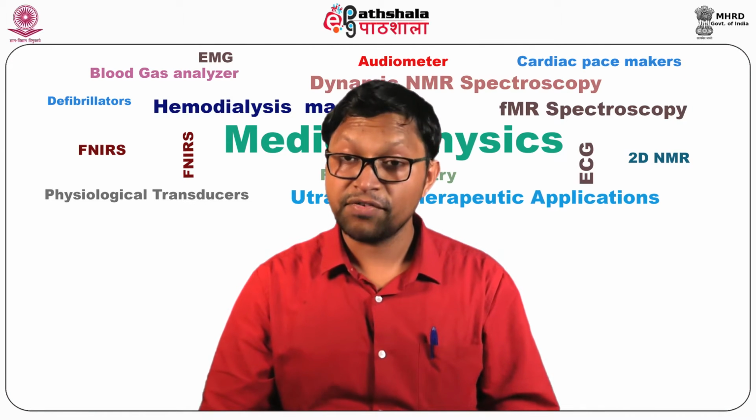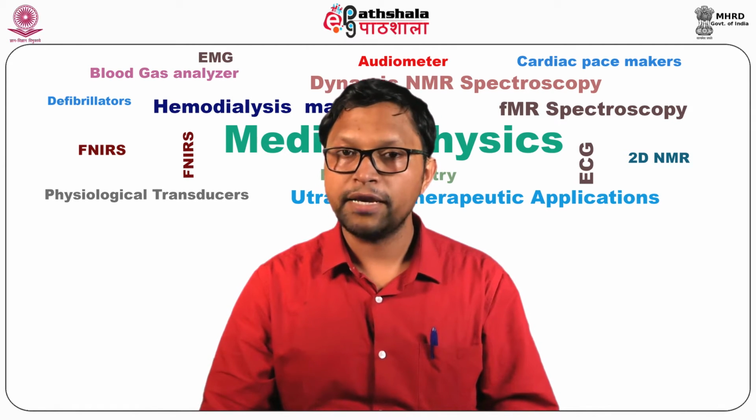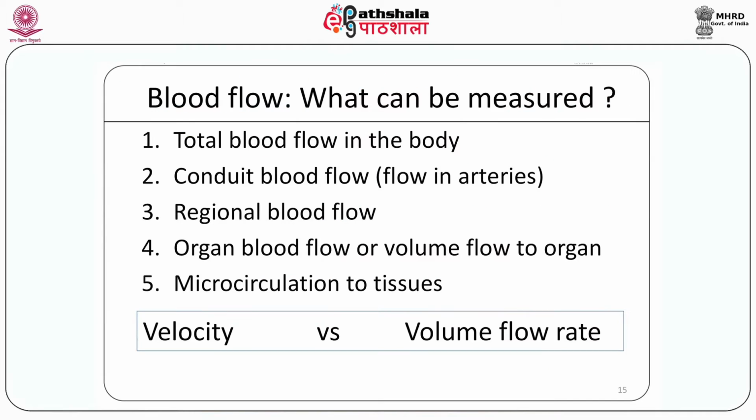There are several parameters which can be determined while measuring blood flow. If we consider the whole body as one organ, then the volume flow to the whole body can be measured. This is called cardiac output.